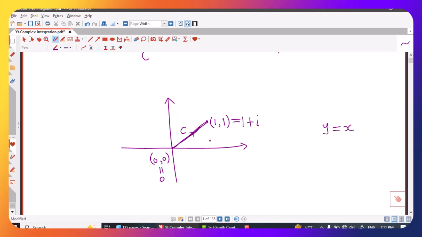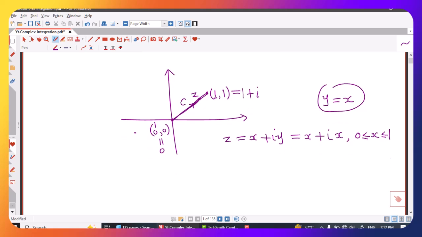If I want to represent this curve C, then for any point z on this curve, z is x plus iy, and because y and x are equal, we can write z equal to x plus i times x. At this point the value of x is 0 and at this point the value of x is 1, so x lies between 0 and 1.